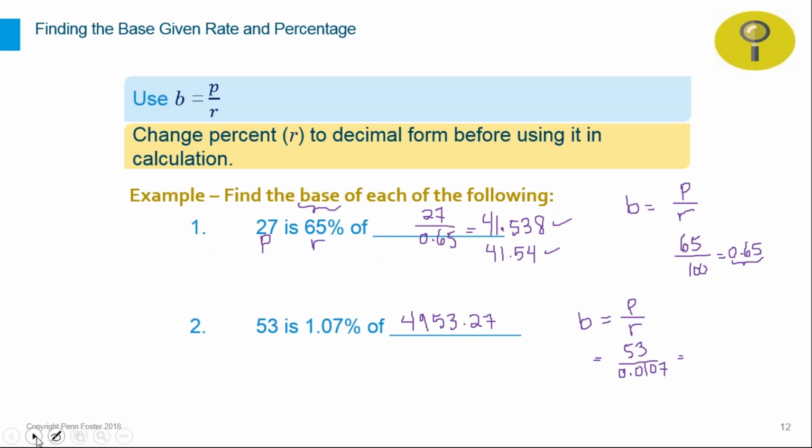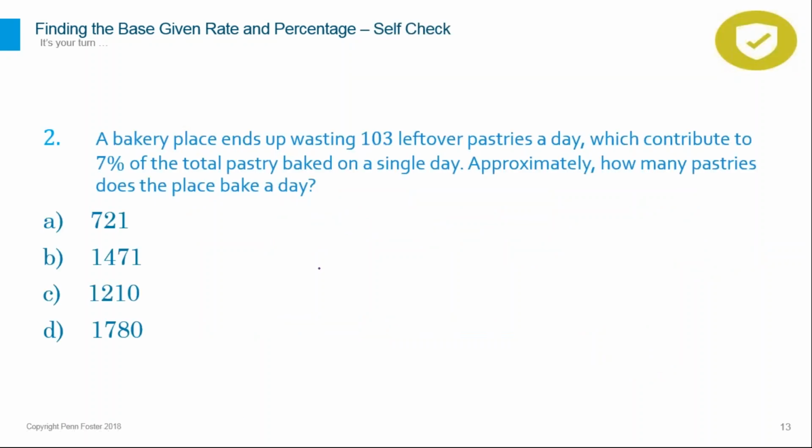Questions? Okay, let's move on to a question. A bakery place ends up wasting 103 leftover pastries a day, which contribute to 7% of the total pastry baked on a single day. Approximately how many pastries does the place bake a day? We need to determine what the question is asking for.